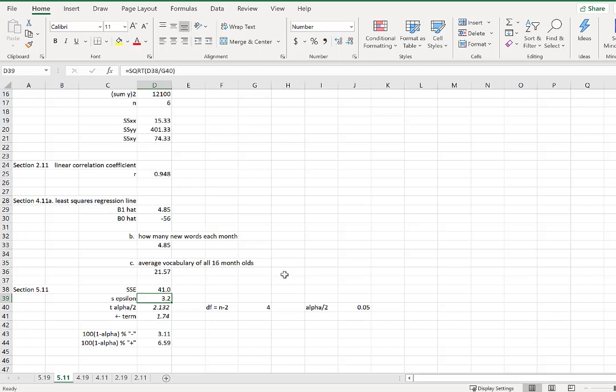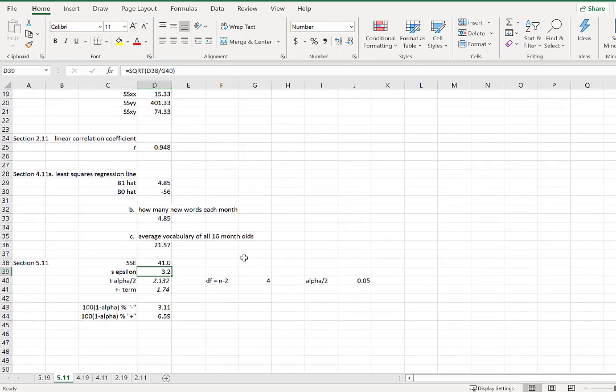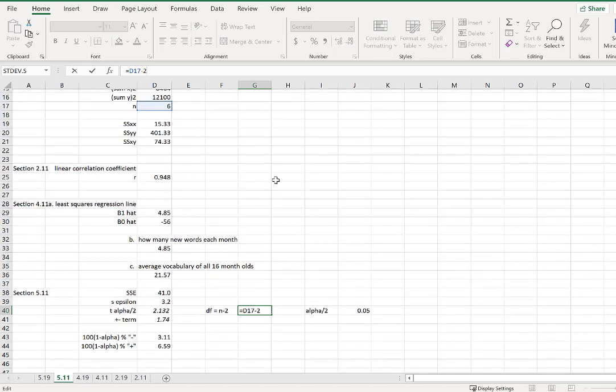I have put the degrees of freedom in over here as the note to say what this value is, which is our n. If you look back up here, there's n in blue, back up here in D17.